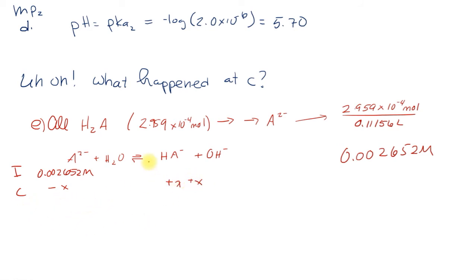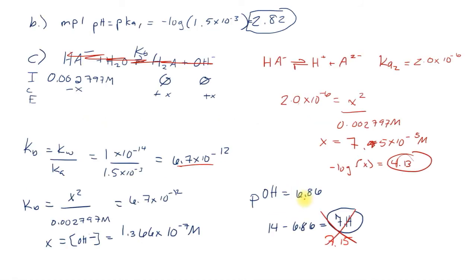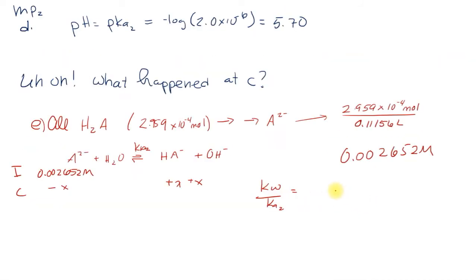And so this is a Kb, and specifically it's the reverse of Ka2, so I'm going to write Kb2. So Ka2 is 2 times 10 to the negative 6. So we're going to go 1 times 10 to the negative 14 divided by 2 times 10 to the negative 6, and that's going to equal Kb2. Okay?